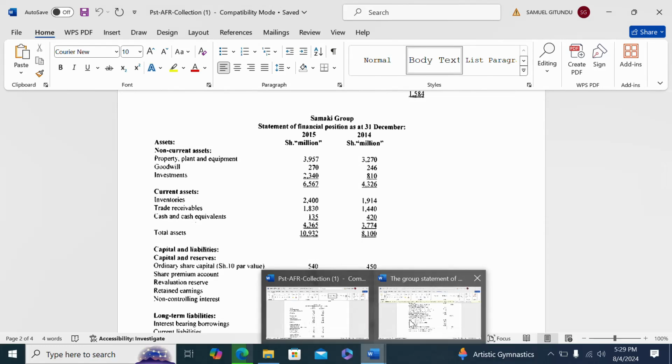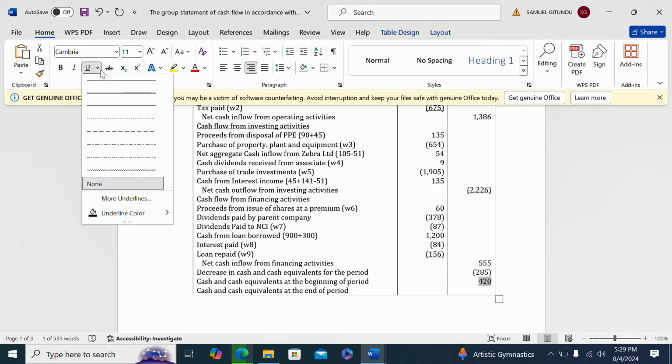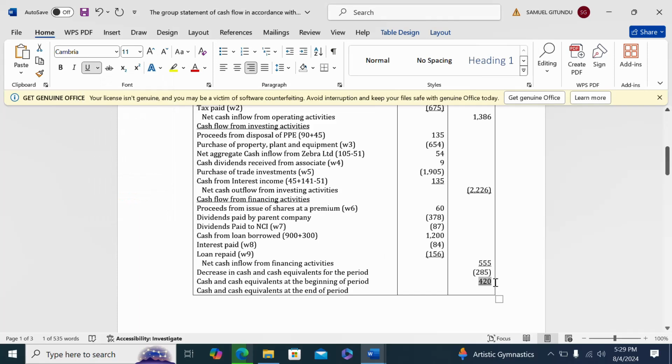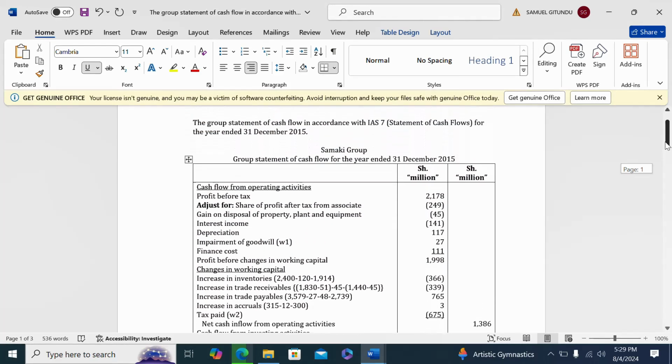So we start with 420, and if we get 135, we know that our answer is correct. What is negative 285 plus 420? I'm getting 135. So that is how you go about this question of group cash flow statement in the advanced financial reporting.